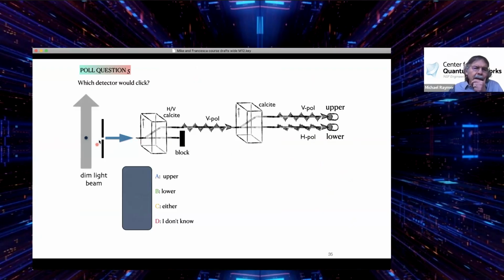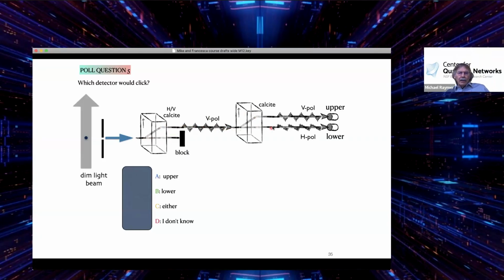So here we have a dim light beam, as we had before. A single photon is passed through this small hole and enters into this calcite crystal. Now, if it goes to this block, it goes away and is never seen again. If it goes to the vertical path, then it goes to the upper path and goes to the second crystal, which has the same orientation as the first crystal.